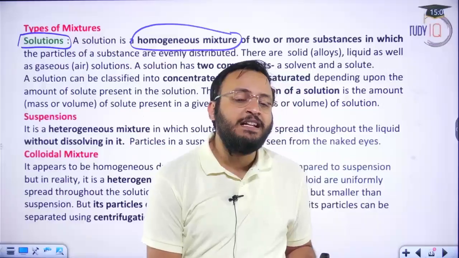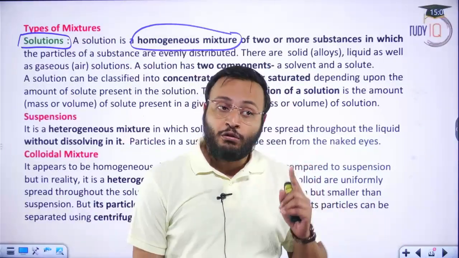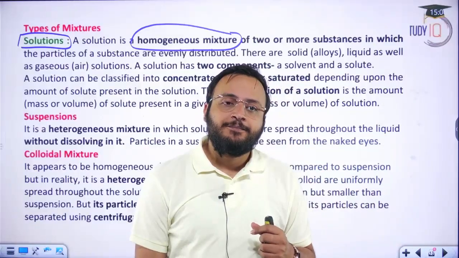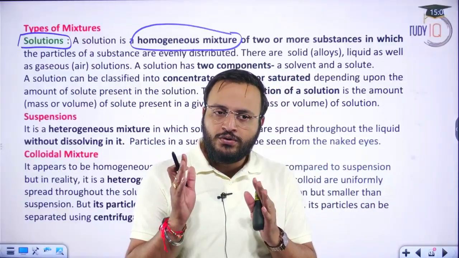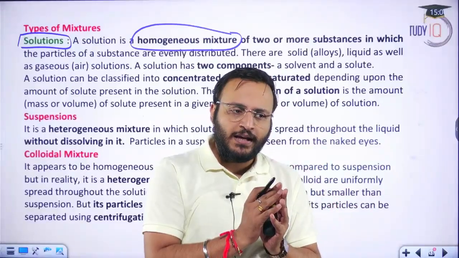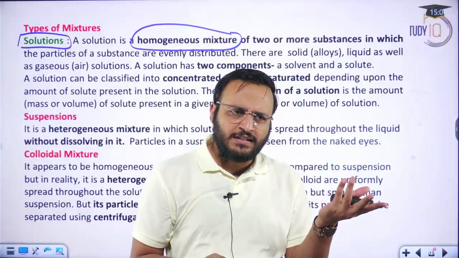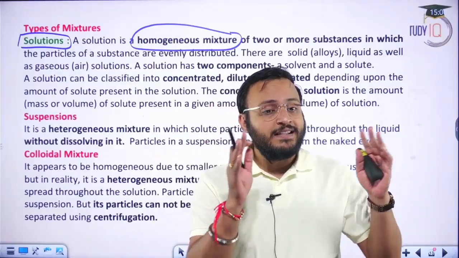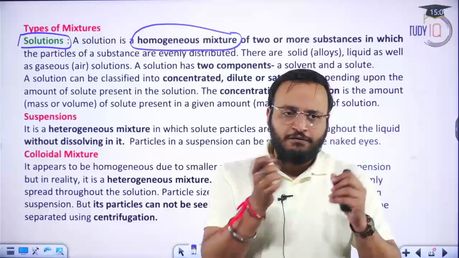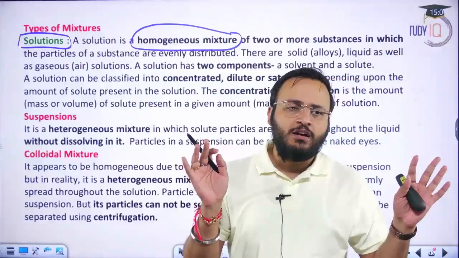Homogeneous mixtures basically have a solute absolutely dissolved into a liquid called the solvent. Solute, solvent, solution. Solute is that powder, sugar, salt, etc. Solvent is that water. If you dissolve sugar plus water, the sugar is absolutely dissolved.